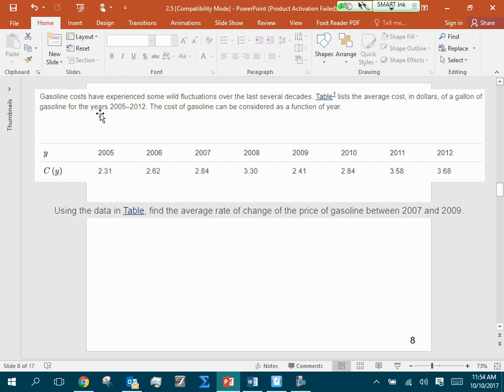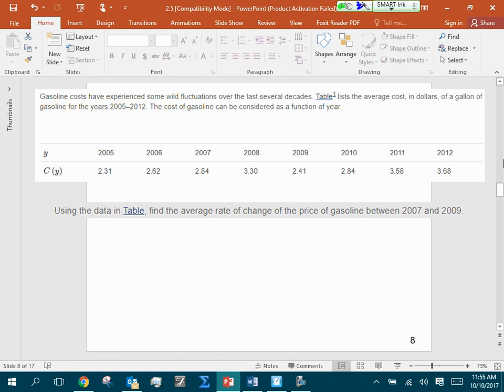Table 1 lists the average cost in dollars of a gallon of gasoline for the years 2005 to 2012. So the cost of gasoline can be considered as a function of year. Depending on what year it is, I can determine how much gas costs. So price is a function of year.